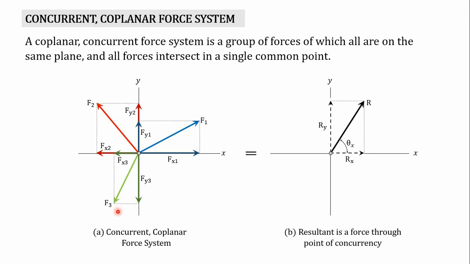This is the component Ry, or the component of the resultant with respect to the vertical axis, and this Rx is the component of resultant force R with respect to the horizontal or x-axis. And this is what we call theta x, or the direction of the resultant force with respect to the x-axis.